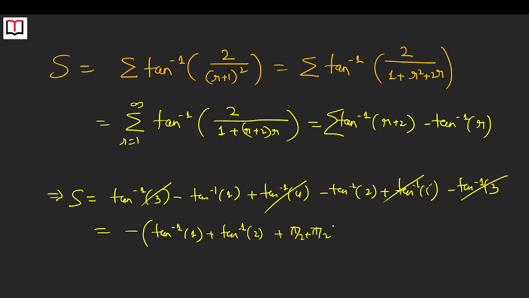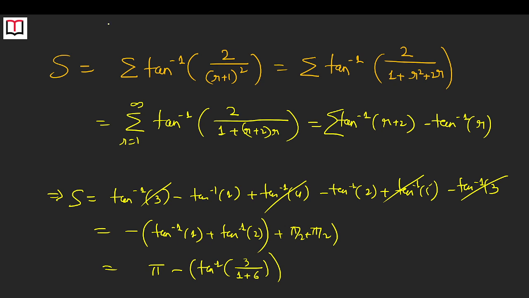by 2. Okay, so according to me, it should be pi minus tan inverse of 2 plus tan inverse of 1, which is tan inverse of 3 upon 1 plus 6.